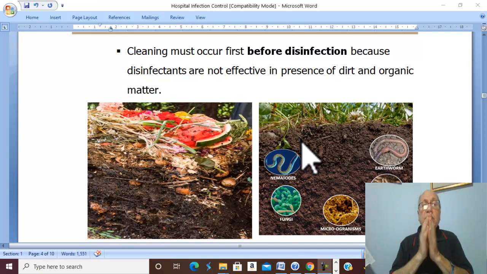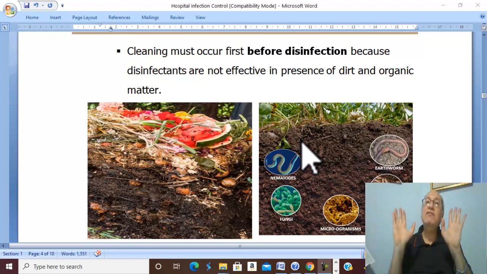But we should notice that after immersion of the instrument in glutaraldehyde for short or long duration, for disinfection or sterilization, the instrument should be washed by sterile saline, because glutaraldehyde is toxic material for the body.